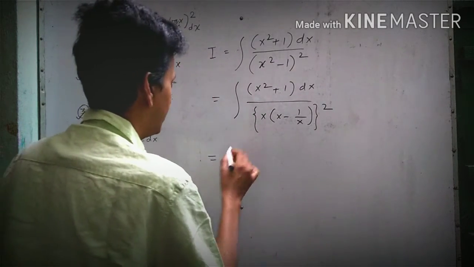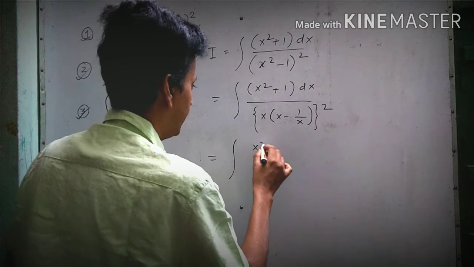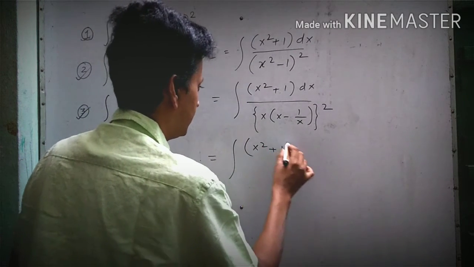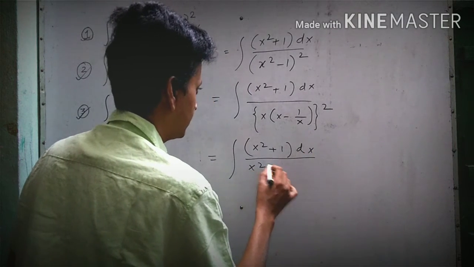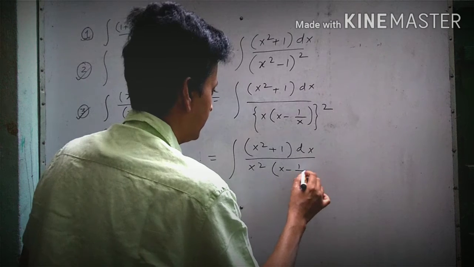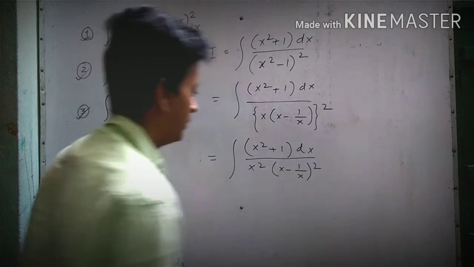So we get (x square plus 1) dx by x square into (x minus 1 by x) whole square.